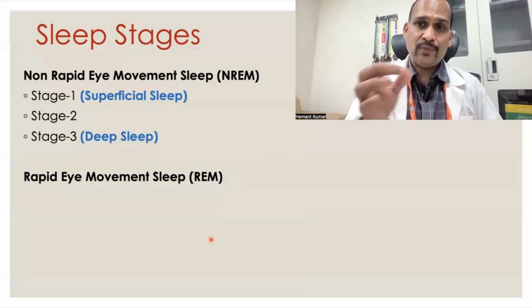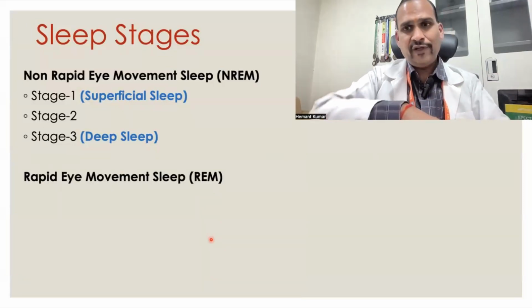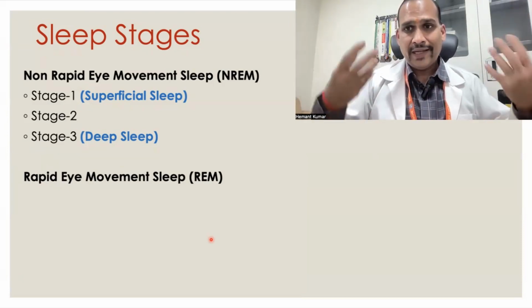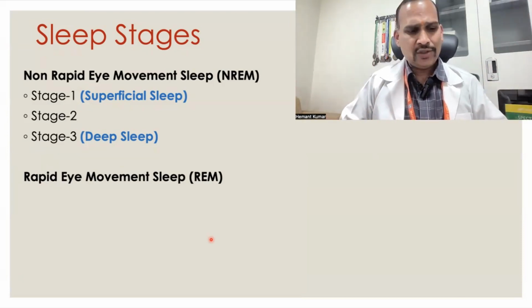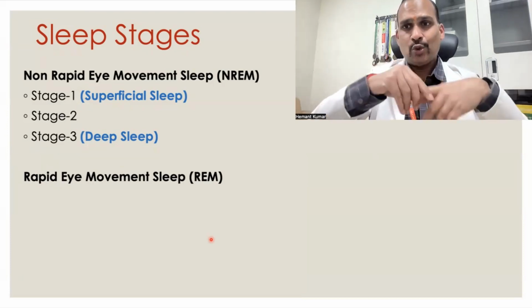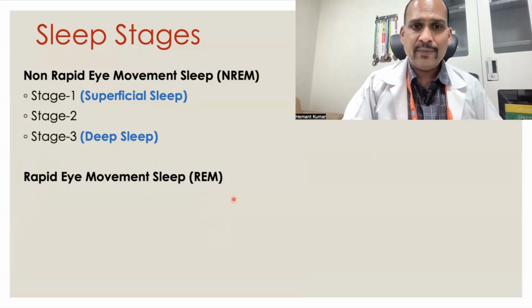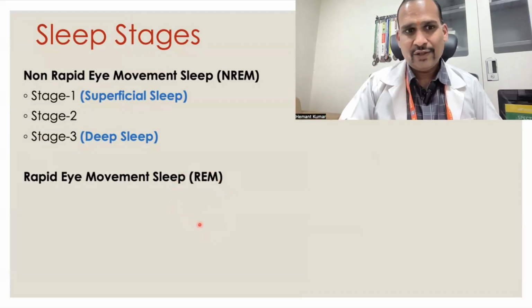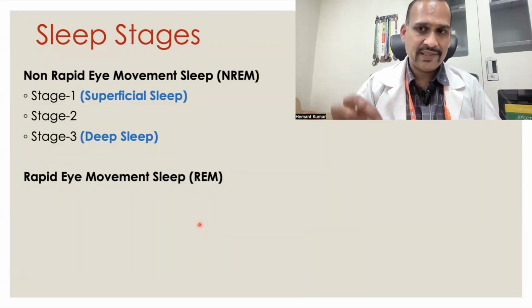If you see small newborn babies, you can easily lift their hand or leg because the muscle power is zero. So in rapid eye movement sleep, muscle tone is lost.